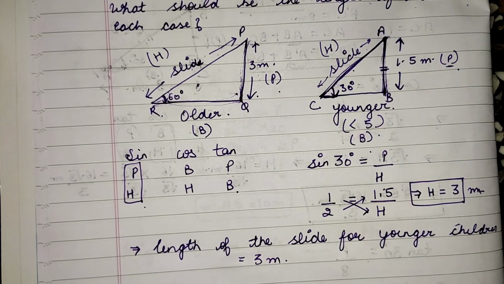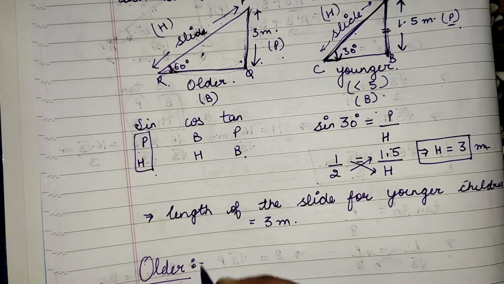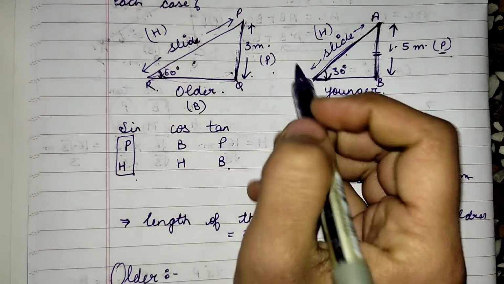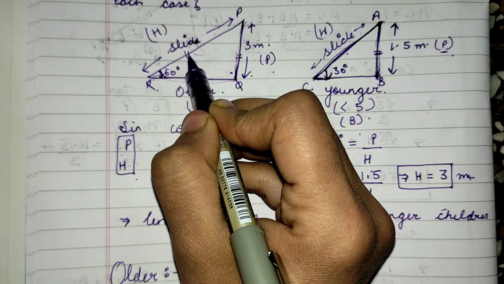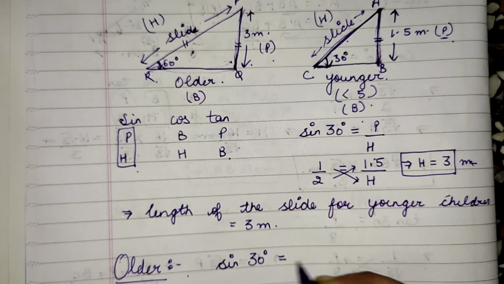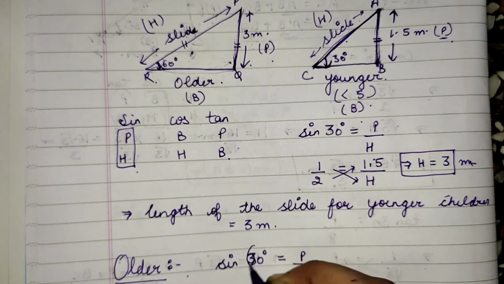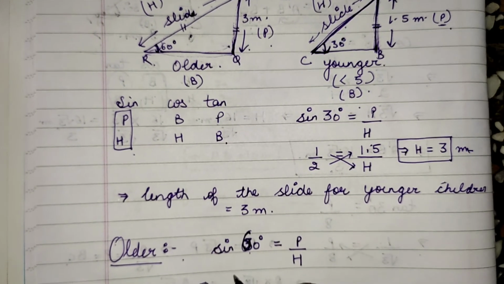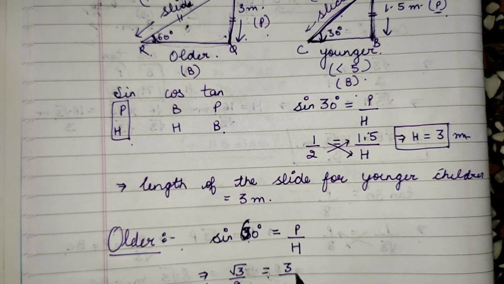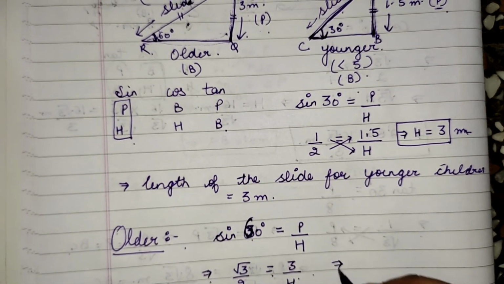Okay, now next, for the older children, we are going to solve our question now. The same way you have to do it. This perpendicular is given to you and you have to find out the hypotenuse. So you will write sine 60, sorry, this time sine 60, equal to perpendicular by hypotenuse. Sine 60 is root 3 by 2, equal to perpendicular, which is my 3 meter, over hypotenuse, which I have to find out.